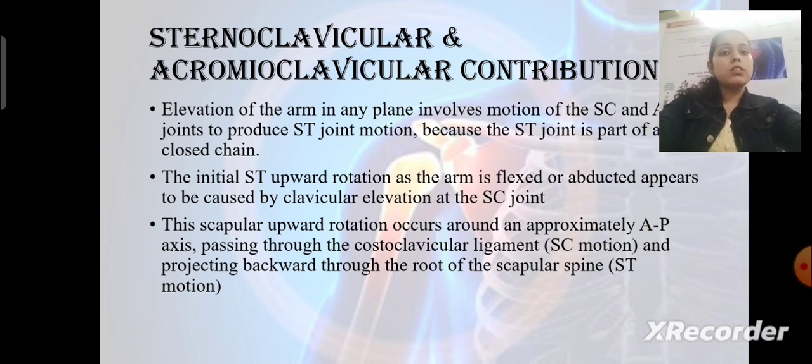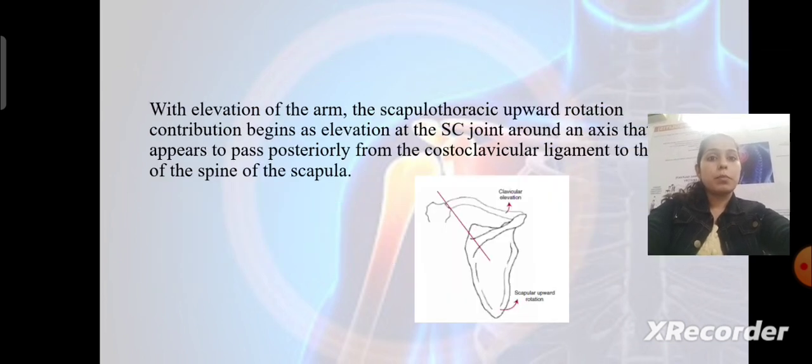The initial scapulothoracic upward rotation as the arm is flexed or abducted appears to be caused by clavicular elevation at the sternoclavicular joint. This scapular upward rotation occurs around an approximately anterior-posterior axis, passing through the costoclavicular ligament and projecting backward through the root of the scapular spine.